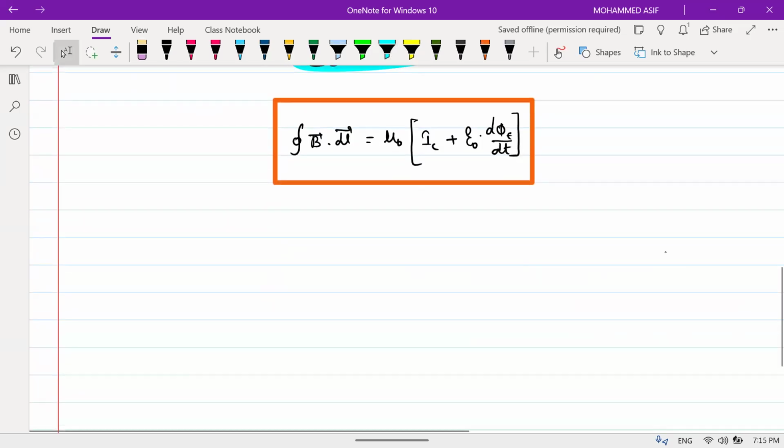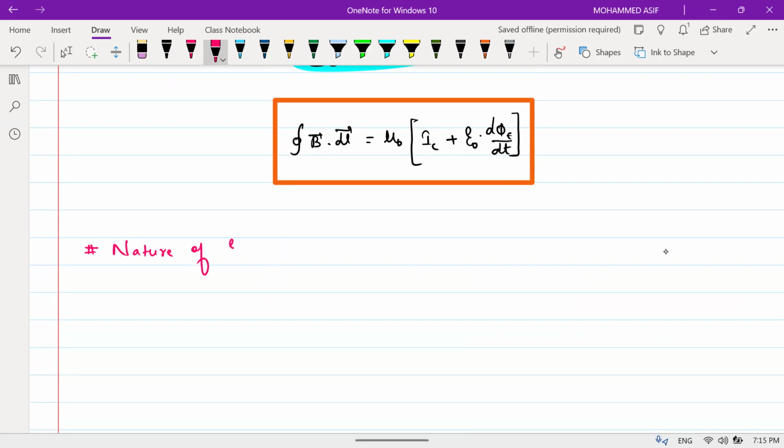Sure. The next one, very important: nature of an electromagnetic wave. What is the nature of an electromagnetic wave? Can anyone tell me, madam?